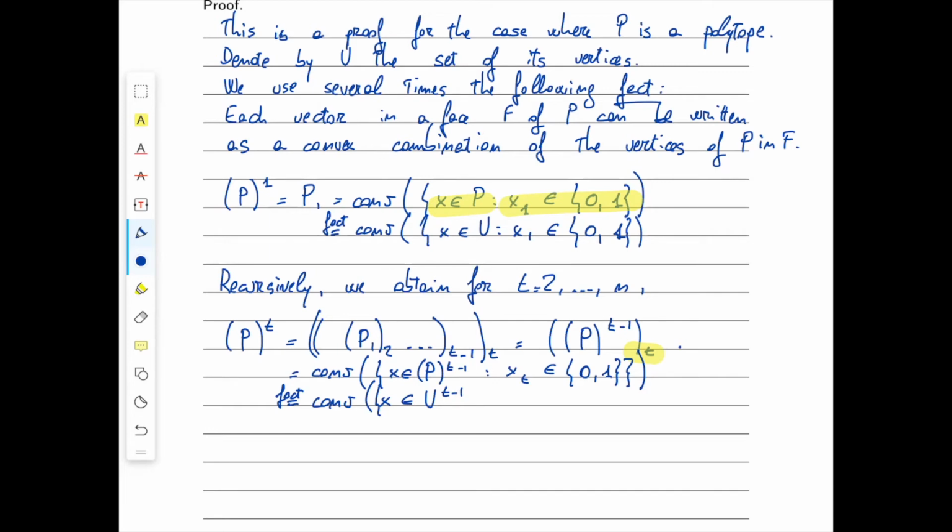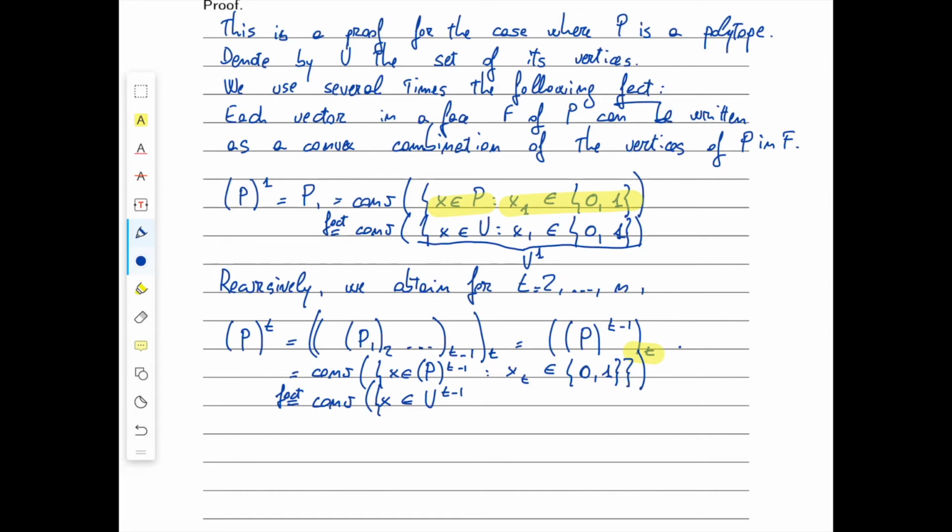So what is V^(t-1)? Well, I should have defined above this set here as V1. And so recursively we know who V^(t-1) is.